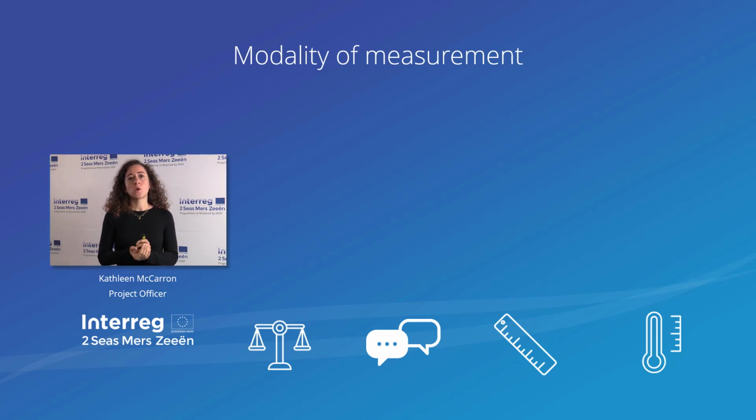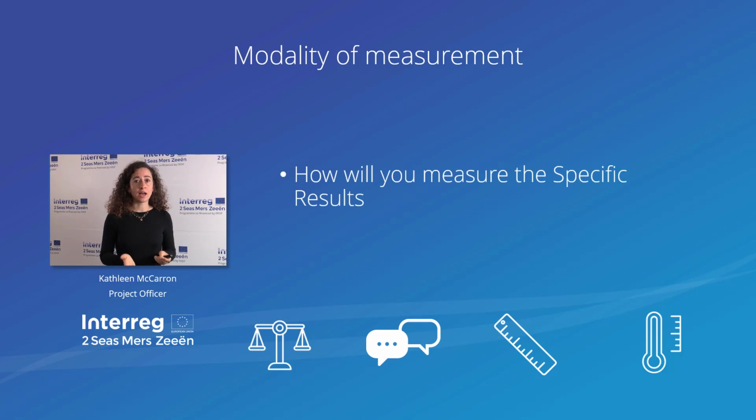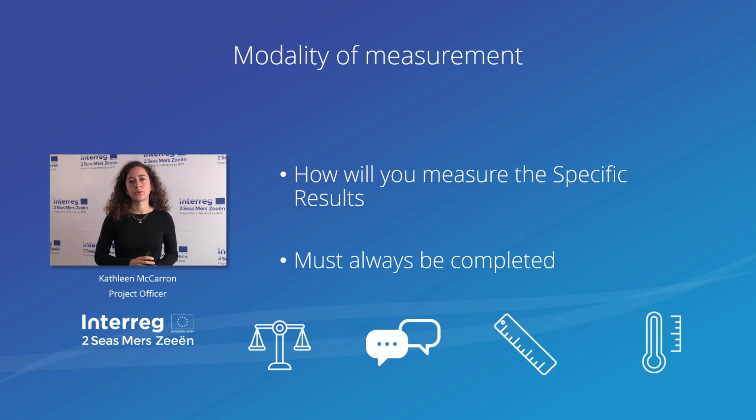We ask that for all outputs, at least one methodology is provided. And so from the first annual progress report, it's really important that projects start thinking about how they're going to measure the different results from the start of their project.